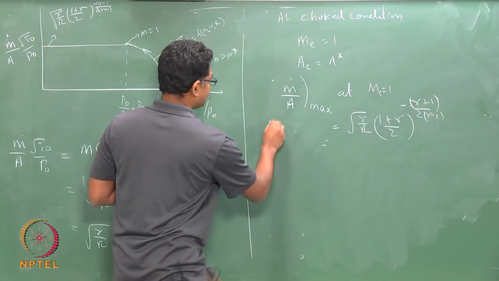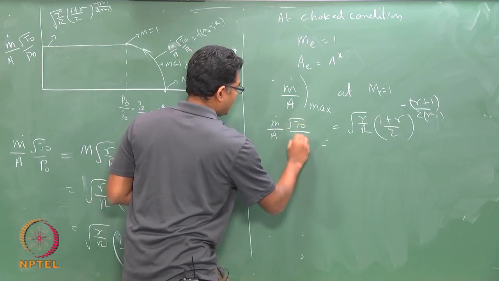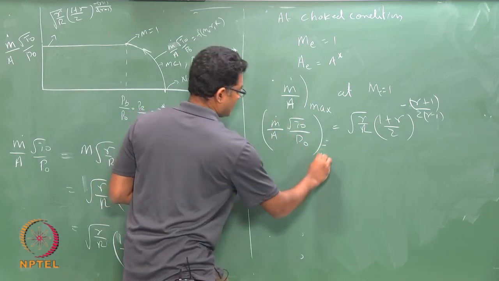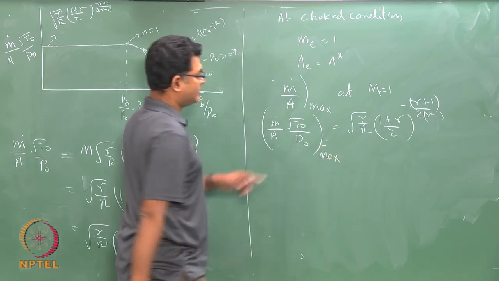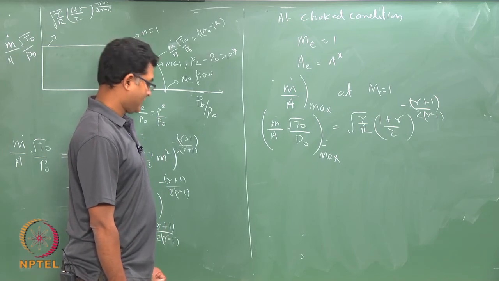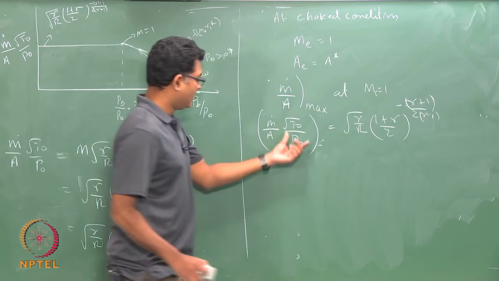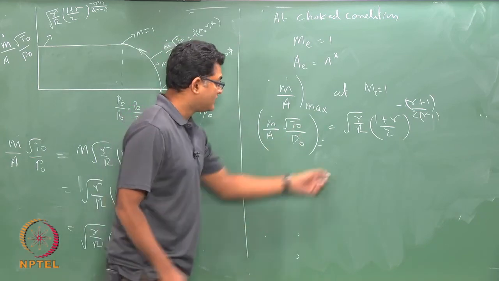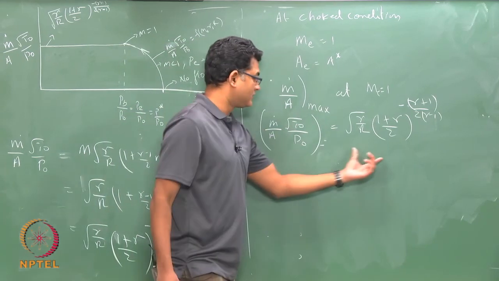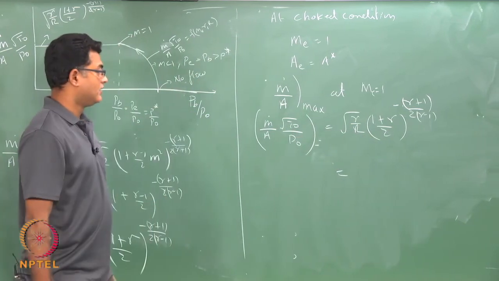Okay. So, this is m dot by A into root of T0 by P0, which would be maximum at this point. So, this is a constant value. So, mass flux is maximum at this ratio, and this is a constant value. So, it depends only on your fluid. Okay.